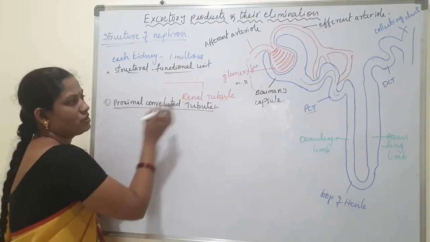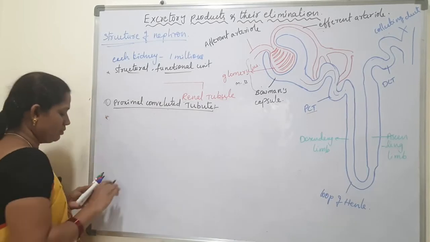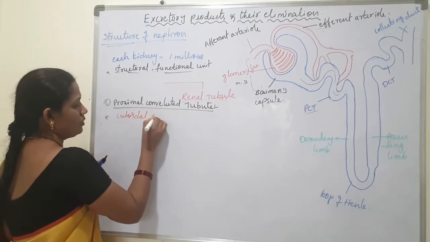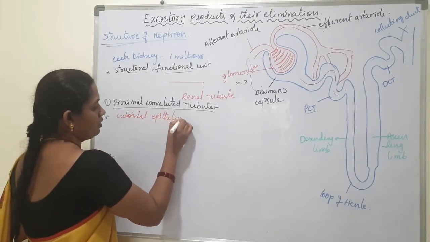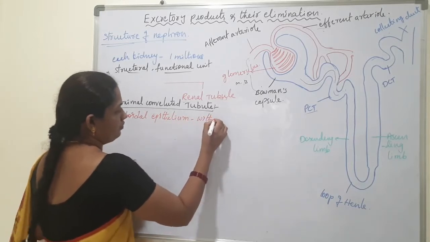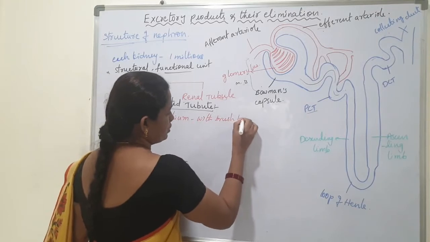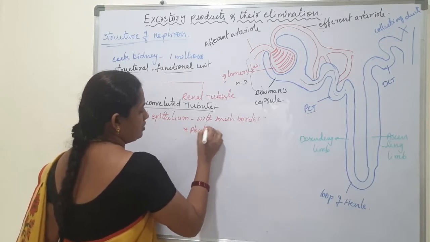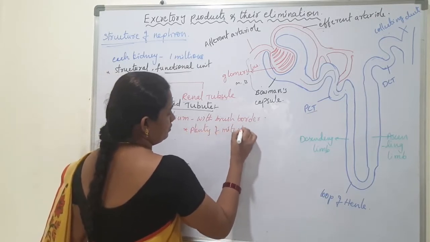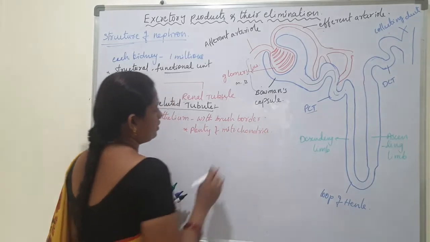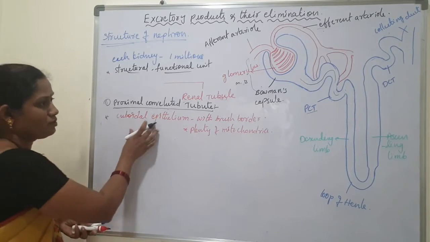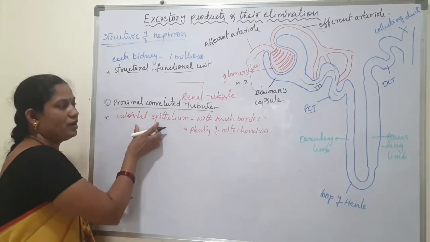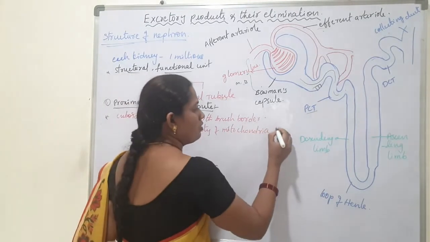The proximal convoluted tubule is made up of simple cuboidal epithelium with brush border. It is made up of cuboidal, cube-shaped cells, with brush border, which means it has many microvilli.